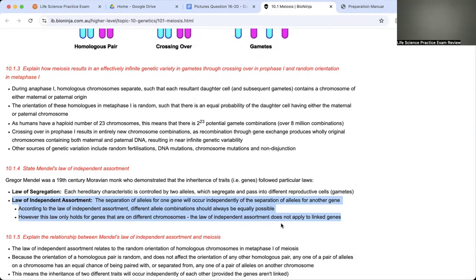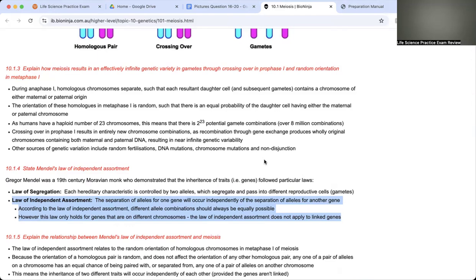Let's say gene A is on chromosome 1 and gene B is on chromosome 2. This is saying that gene A on chromosome 1 is going to separate to a particular cell completely independently of gene B on chromosome 2. Those are not going to have any sort of linkage. They're going to randomly assort.